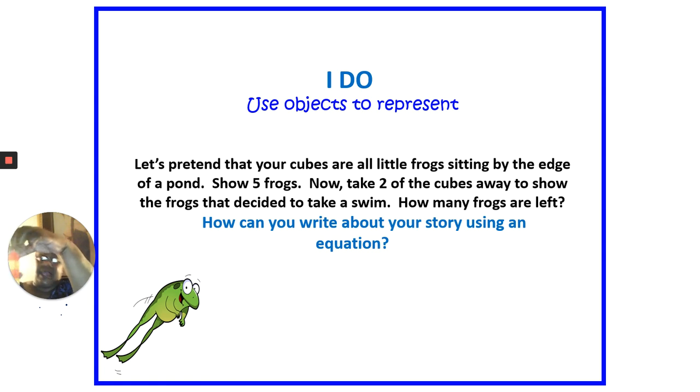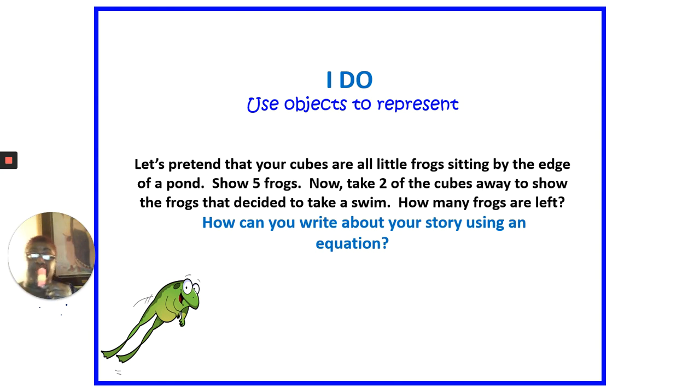So I'm going to take away 1, 2. How many frogs are left? Well, let's count how many frogs are left. 1, 2, 3. So if we have 5 frogs and 2 go for a swim, then we have 3 frogs left.